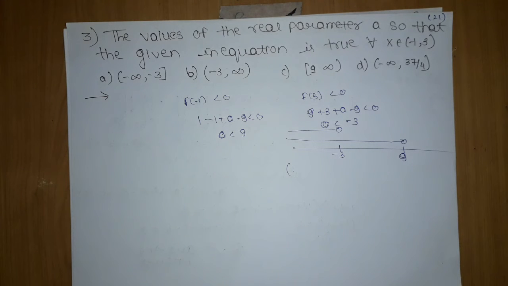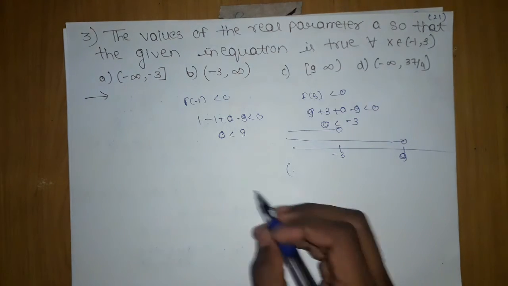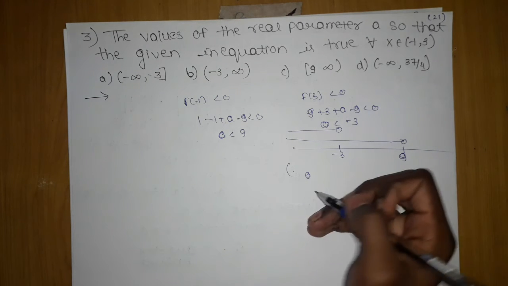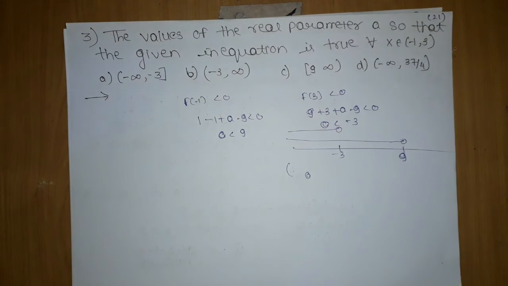F of -3, a minus 1. So what do you see? A belongs to... we are getting -3.